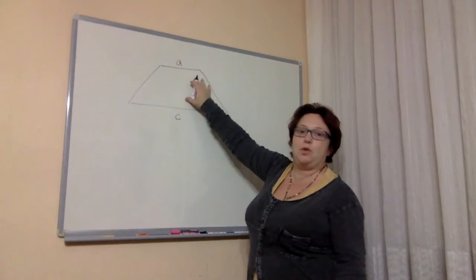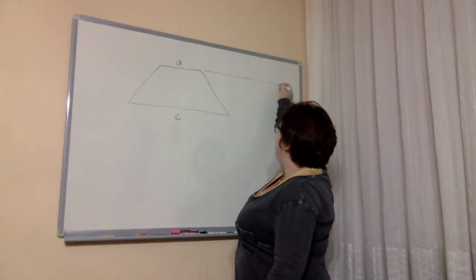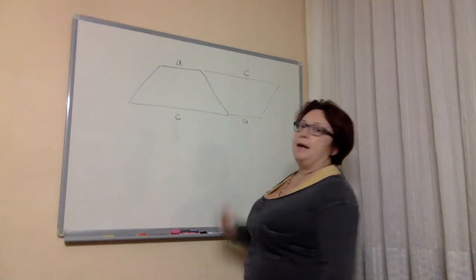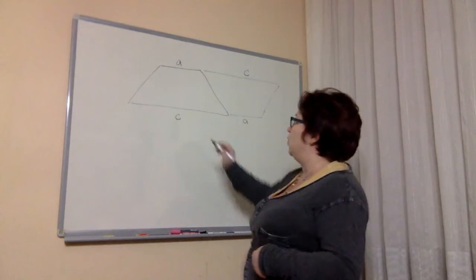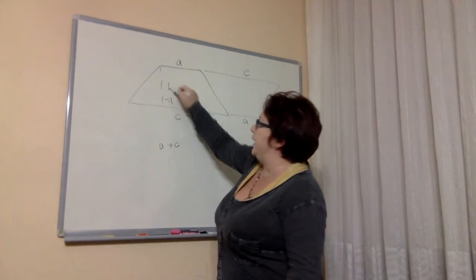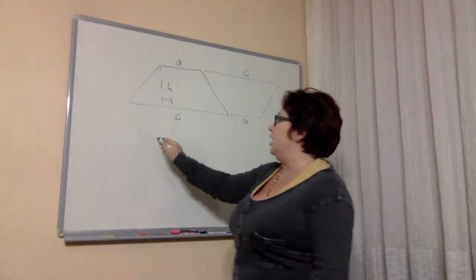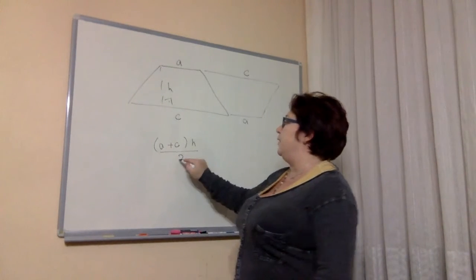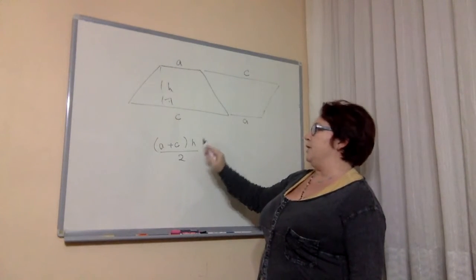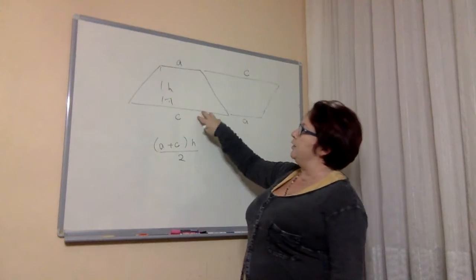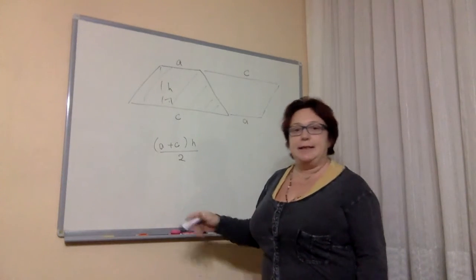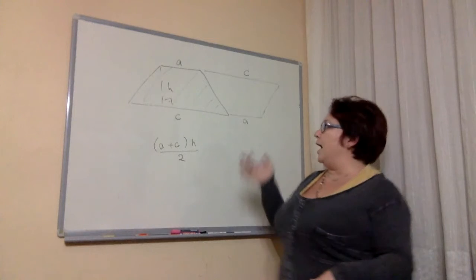So if you take this trapezoid and flip it around and stick it at the end, you get a parallelogram composed of two copies of our trapezoid. So the base would be A plus C, and the height would simply be H. But this is really a composition of two trapezoids, so to get the area, you'd divide A plus C times H by 2. So the area formula for a trapezoid is the average of the bases, which are the parallel sides, times the height.